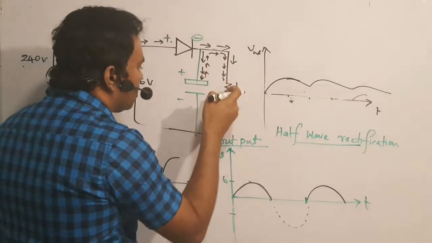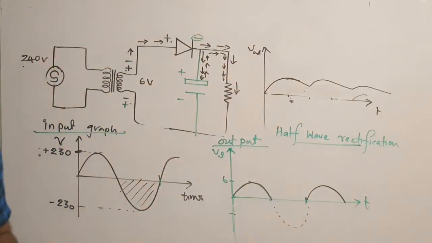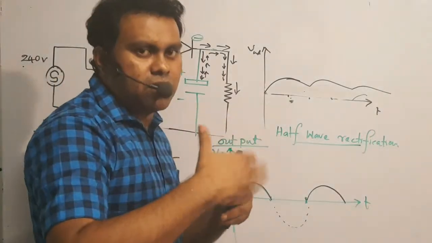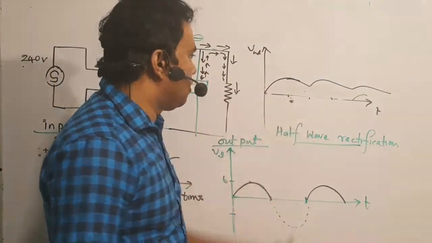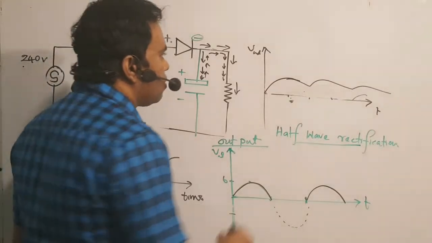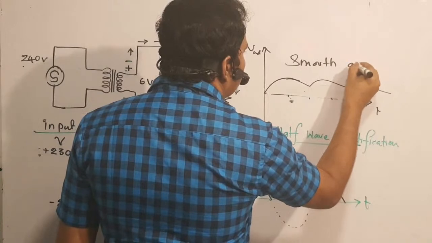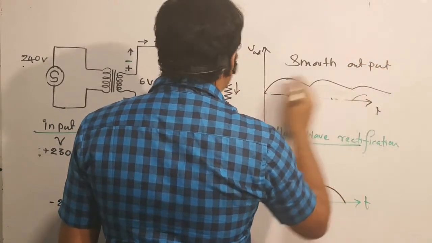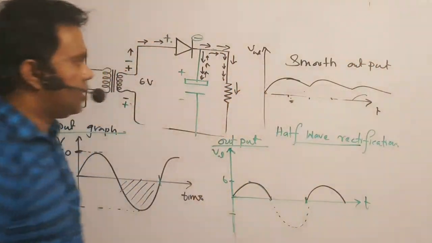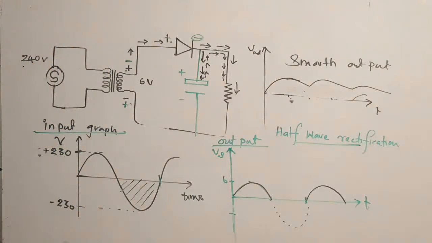Quickly charge, release the current. It charges quickly and discharges to give the current. This is known as smooth output by using a capacitor. Okay.